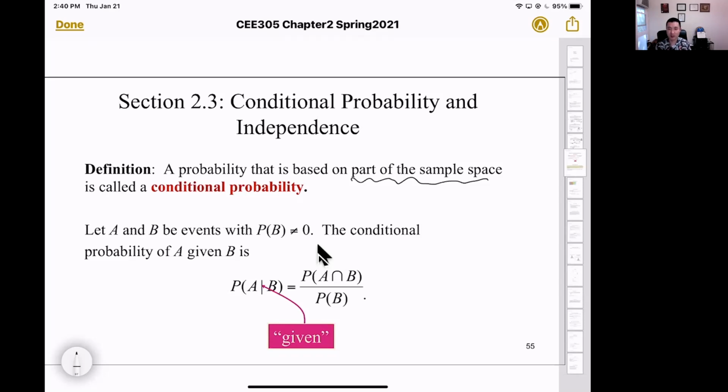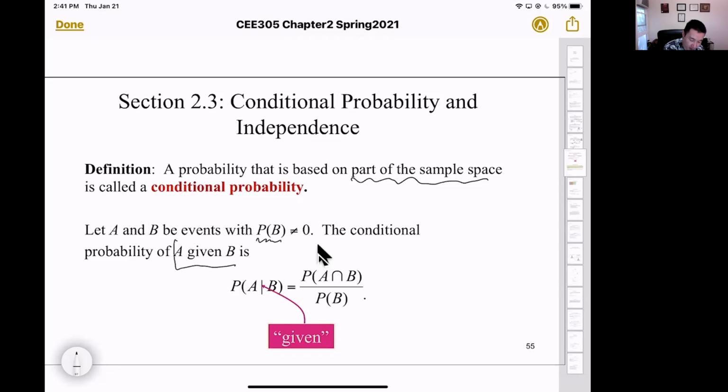So part of the sample space is the rods which are too thick. Then it is called conditional probability. So let A and B be events, and the probability of B not equal to 0. Then the conditional probability of A given B.